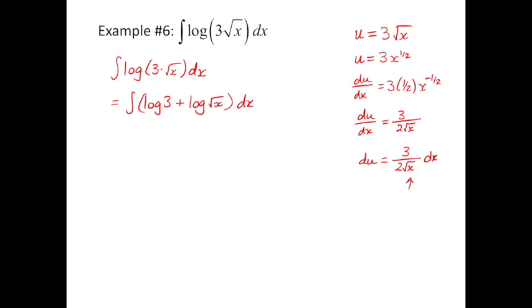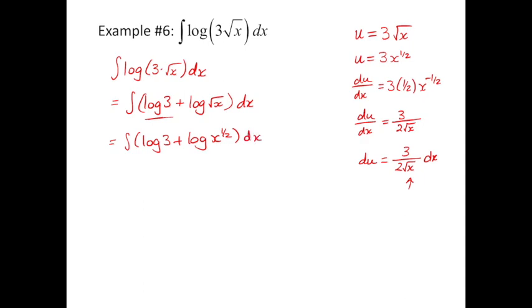Now we can take the integral of that log of 3. That's just a constant, kind of like that previous example where we took the 9x and split it apart. So this is no longer a problem. The log of square root of x is still a problem, but we can also say this is the log of x to the 1/2.